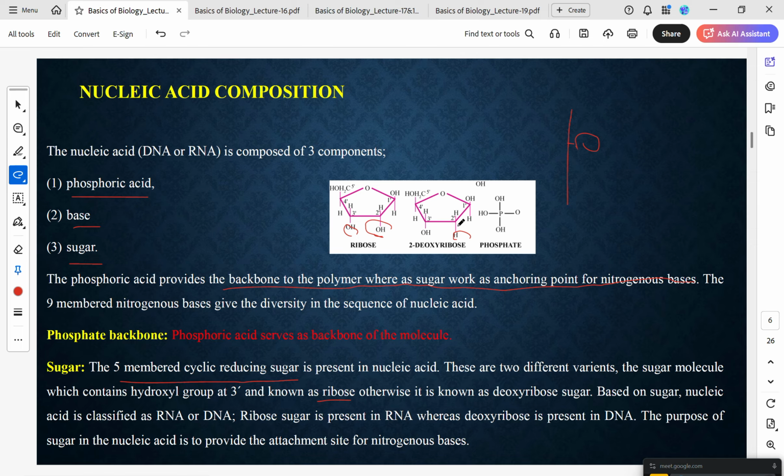These sugars essentially provide an anchorage point for nitrogenous bases. So whatever nitrogenous bases are there get attached to this complex of sugar and phosphate.